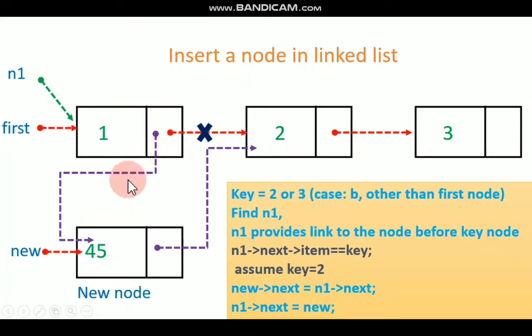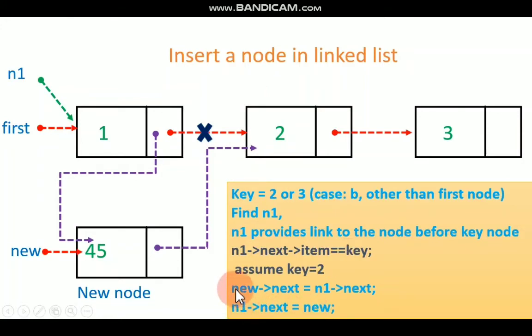is equal to new. Here also you need to be careful. You are not supposed to write n1 arrow next is equal to new before this. If you write this statement first, then this link is broken, and we will not get the address of 2.